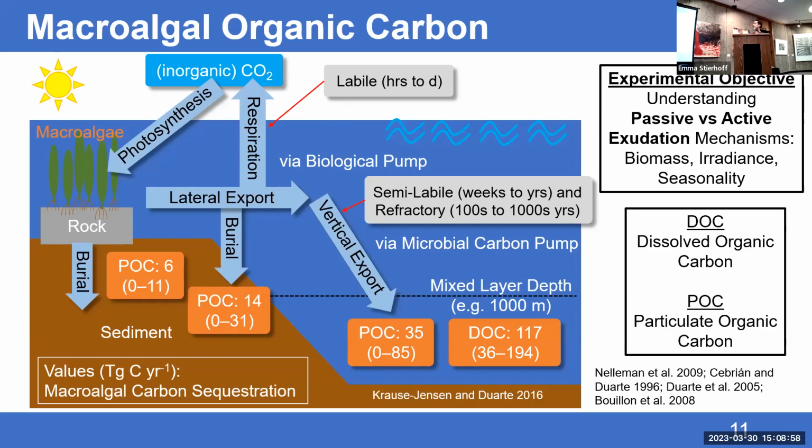So in the slides that I'm going to be sharing here, I'm going to be talking about the differing roles of passive versus active exudation mechanisms of DOC release, specifically in terms of how they're related to biomass, so primary productivity, which has to do with active exudation, then irradiance through photosynthesis, and then seasonality, and what this can tell us, and maybe explaining some of those sources of variability.